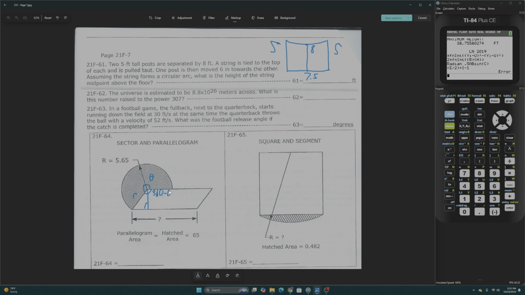So we're trying to simplify that. So theta over 360 times r squared times pi. That right there is the simplest version of the sector's area, right? We're going to have to set that equal to 65.